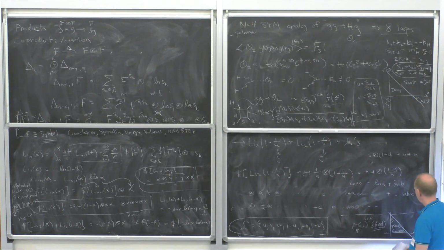And the way I do it is I don't try to do it everywhere at once, because I'm not a phenomenologist. I don't have to predict it at some random point here. But I know what the answer is on some of these lines. Like this one is HPLs with zeros, ones, and minus ones.